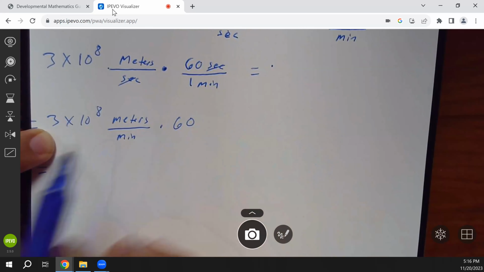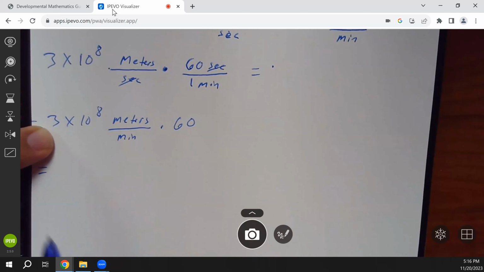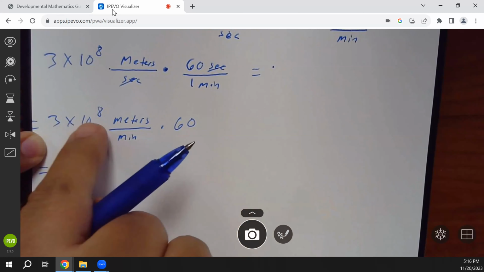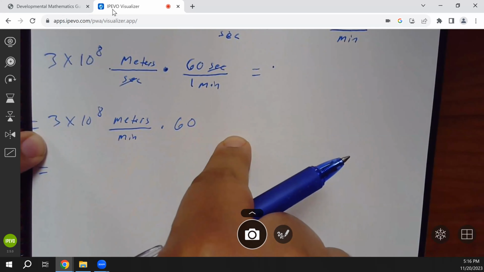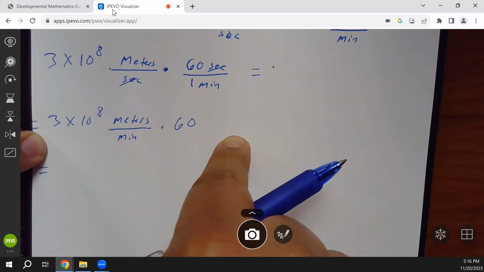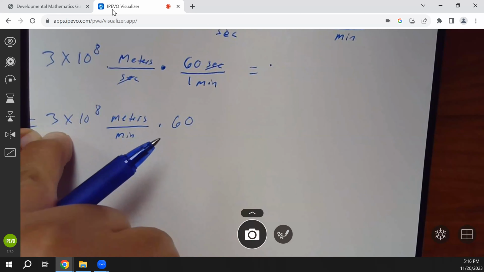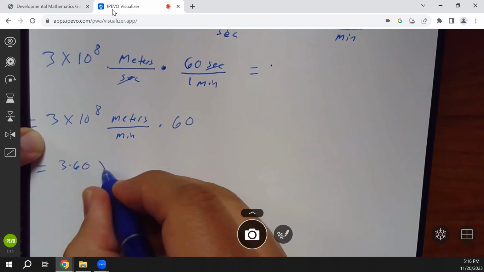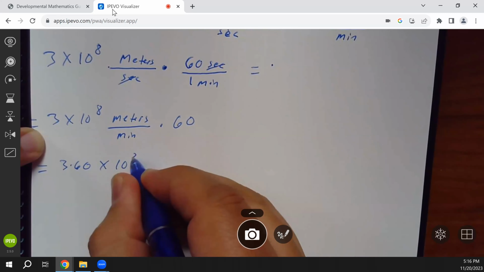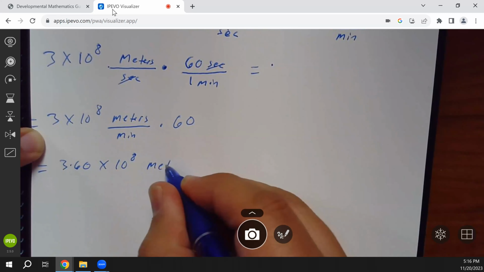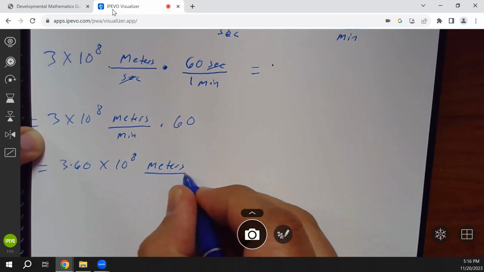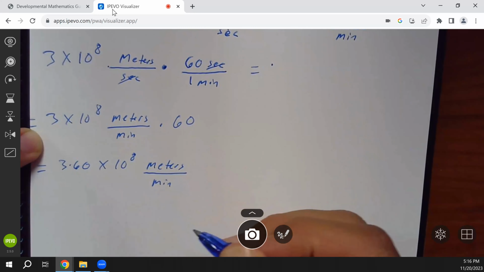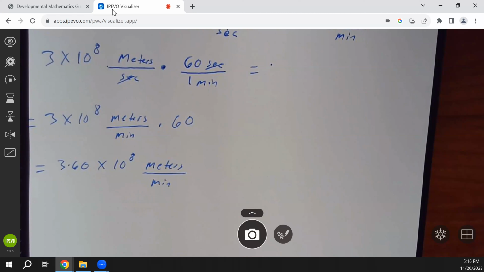When you do scientific notation, they use that symbol. Just understand this is 3 times 10 to the 8 times meters times 60. So multiply 3 times 60. What's 3 times 60? 180. So we are already in meters per minute. That's what they asked for.